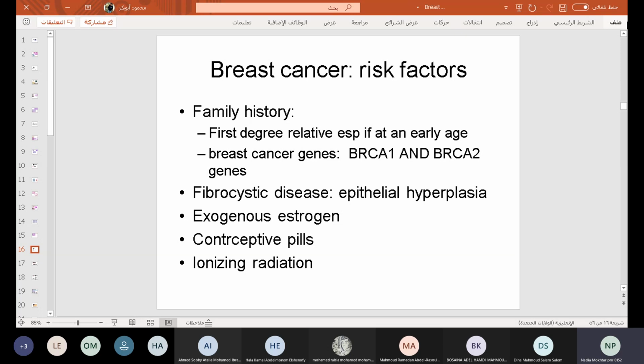So what are the risk factors for breast cancer? We can test for the breast cancer genes, or we can excise the fibrocystic disease before it causes cancer, or avoid the intake of high estrogen by whichever source. And lastly, avoid, of course, ionizing radiation. By this, we decrease the risk potential for any lady having these factors to develop breast cancer.